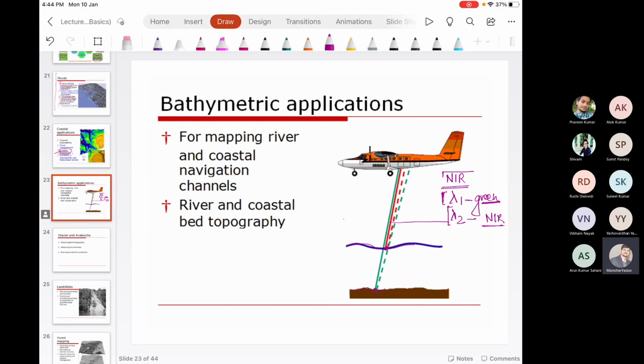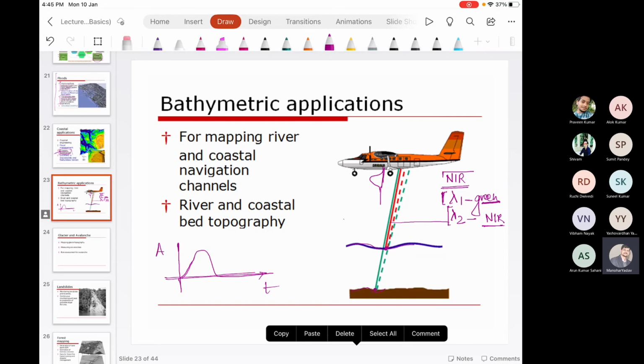So let's say if we plot over here the laser pulse, that is time t and amplitude. It is a laser pulse generated as a green laser. Okay, so this laser pulse is transmitted over here. Then the first interaction takes place at the water surface, and we have a reflected laser from here.